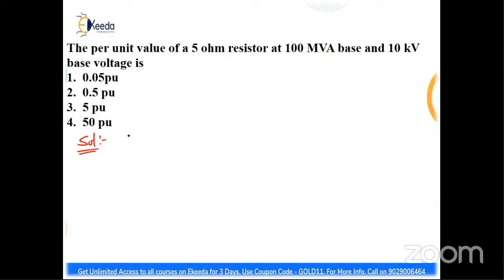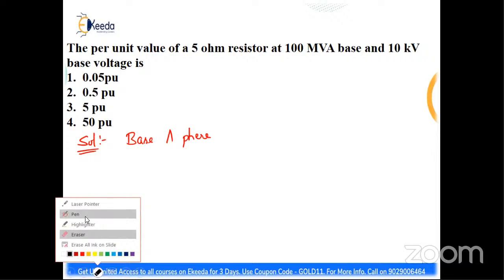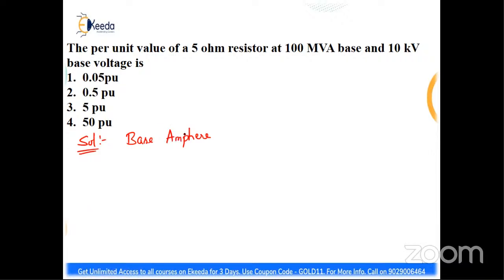Now write like this: base ampere is equals to base VA divided by base voltage, right? That is, base ampere is equals to base VA divided by base voltage.